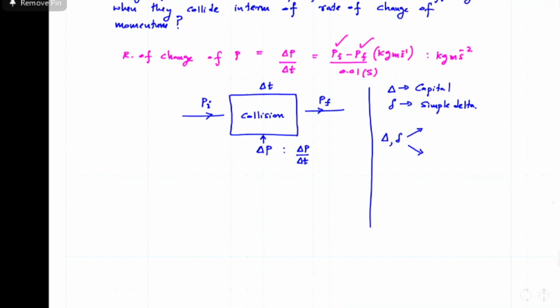The other meaning of delta is small. For example, delta T in chemistry means difference in temperature.